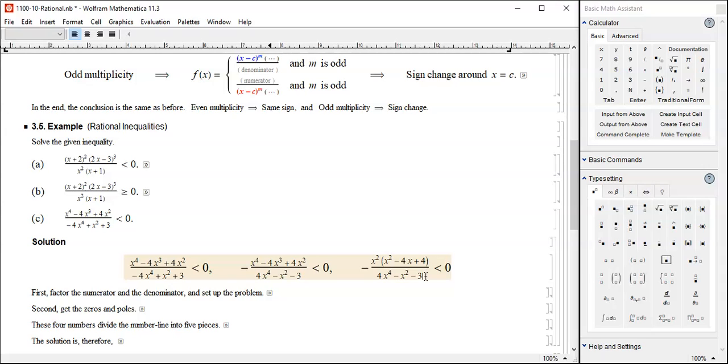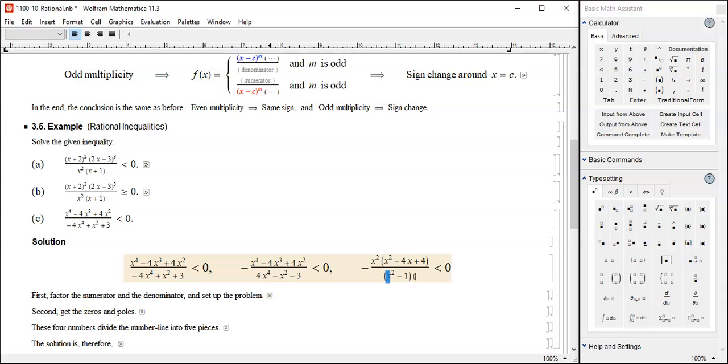How about the denominator? It doesn't work like that. We do not have GCF, so how do we handle the denominator? You can factor it with respect to x squared. So we have x squared minus 1 times 4x squared plus 3, like this.